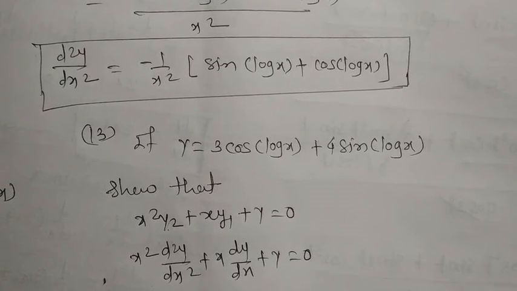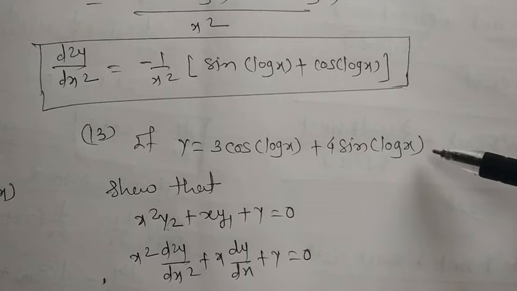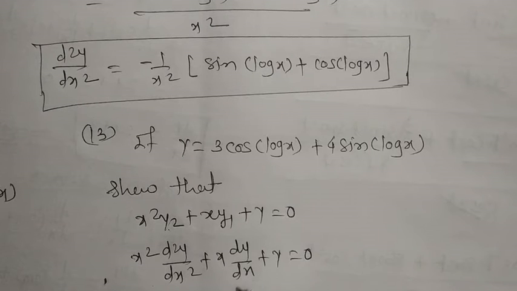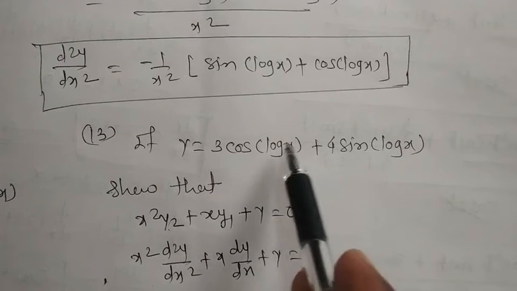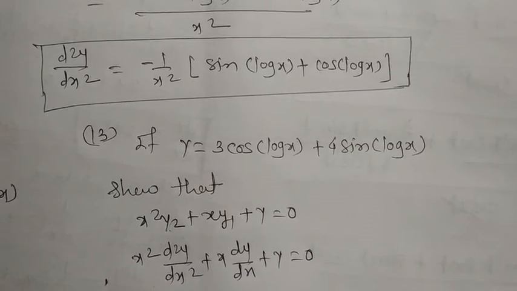There are 2 methods to solve. First, we take simply the first and second derivatives, take the LHS, put in all the values and it equals 0. If LHS equals RHS, then this equation is satisfied. Or another way, you can modify this example in terms of this. So we will do it.